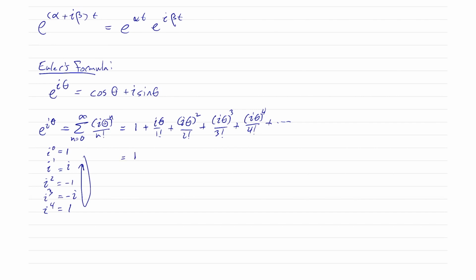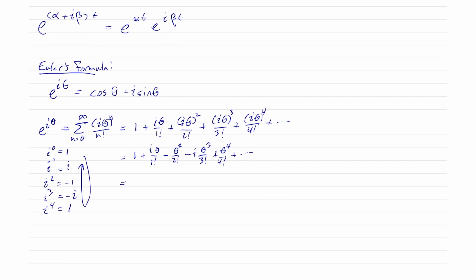So I'm going to have 1 plus theta i over 1 factorial. And then I have negative theta squared over 2 factorial. Now we're going to have negative i times theta cubed over 3 factorial. Now we're going to have plus theta to the 4 over 4 factorial, etc. So now let me group everything that has an i and everything that doesn't.